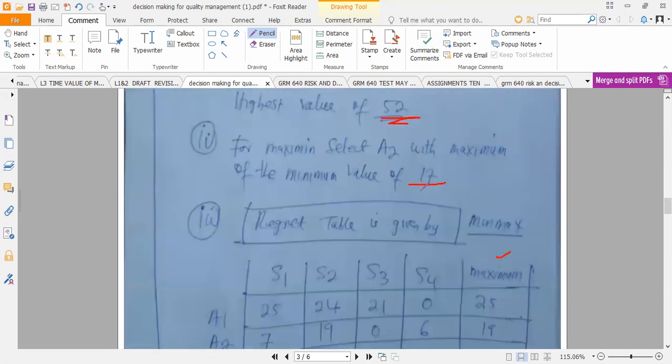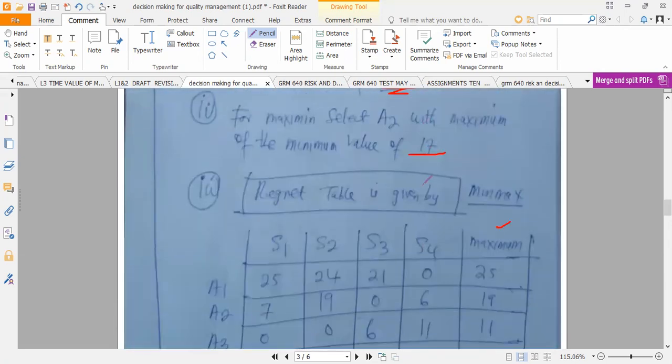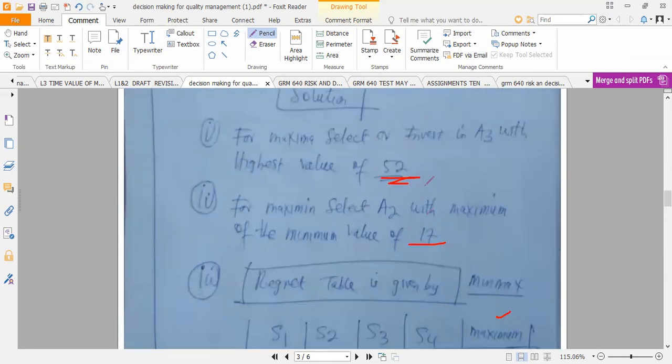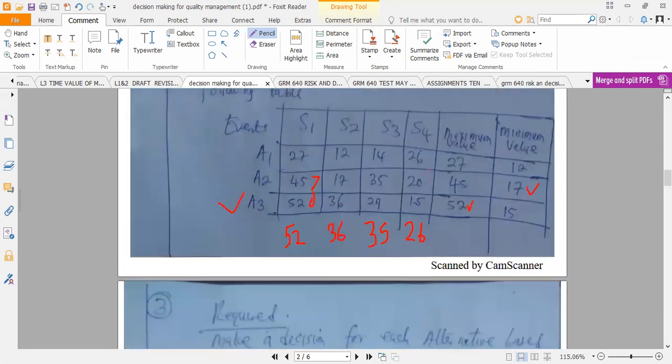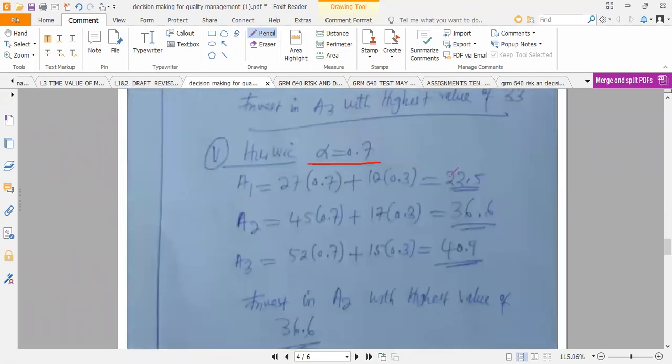So in this column here, the original question, we have our highest value here being 27. So we are putting 0.7 on the highest values.